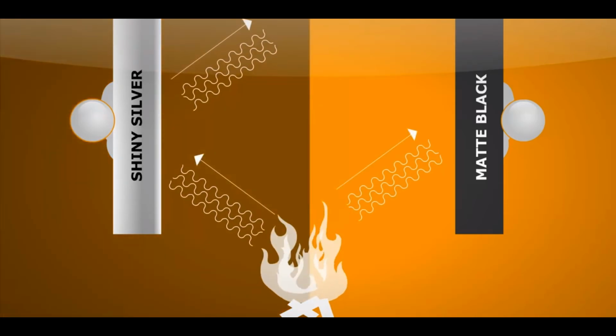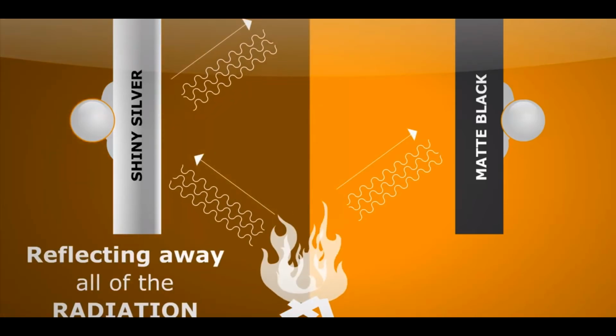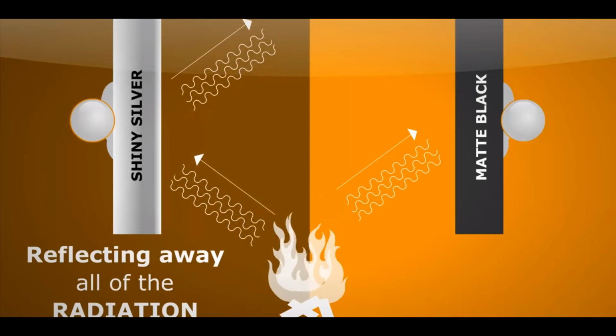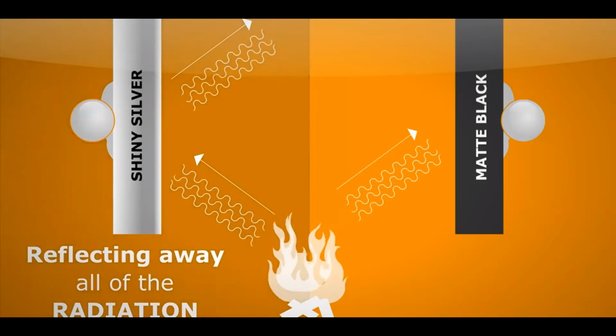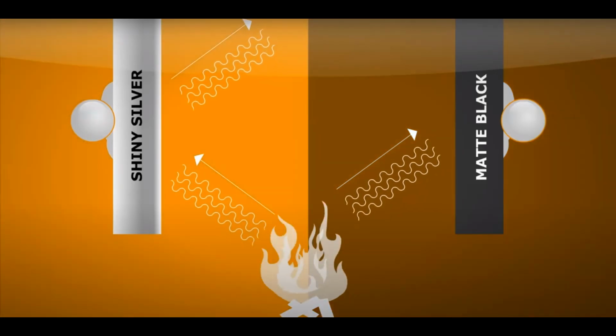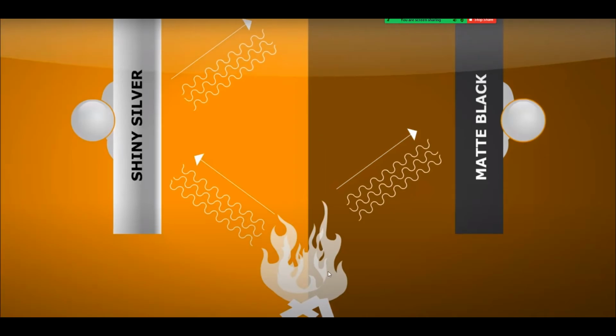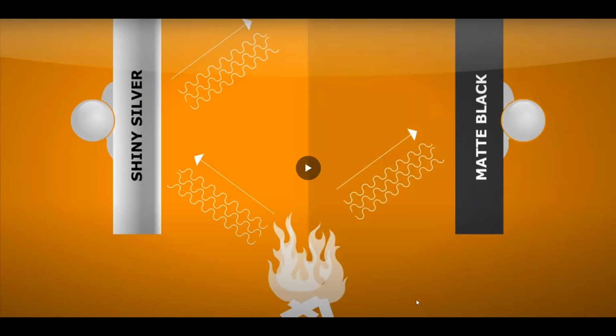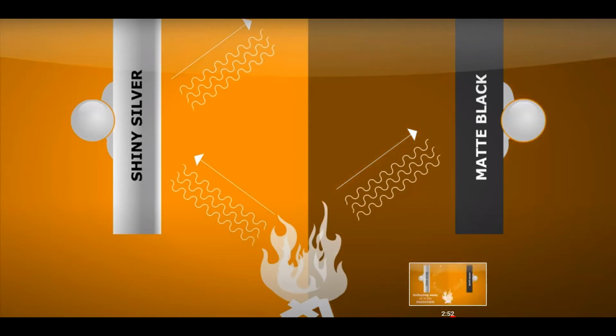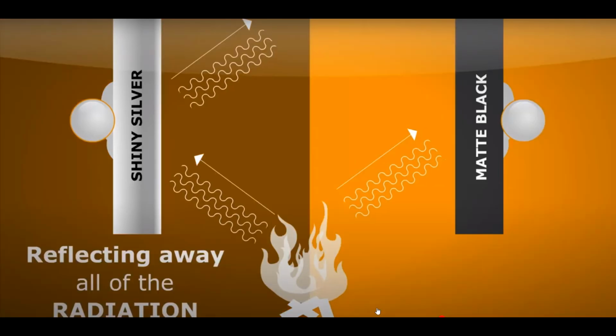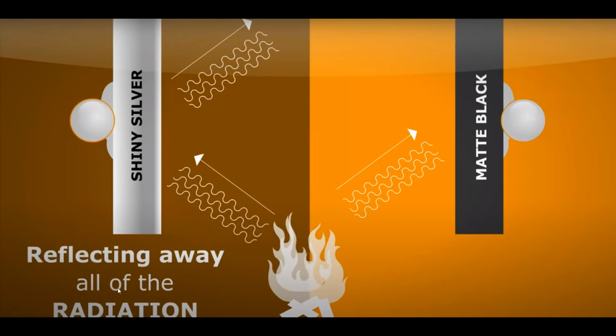First off, I can notice that the shiny silvery surface is reflecting away all of the radiation. The matte black surface is absorbing most of that heat. Not all, okay? It's most, alright?